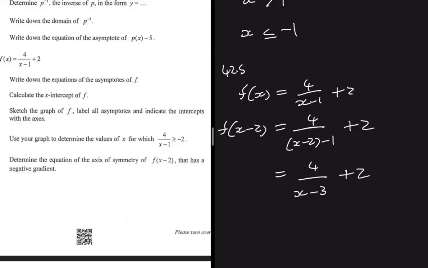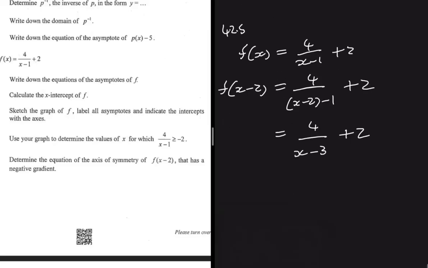So we need the equation of the axis of symmetry that has a negative gradient. So we have two axes of symmetry, one with a negative gradient and then one with a positive gradient. So the one with a negative gradient, y is equals to minus x plus c, negative gradient. And then the one with the positive gradient, we have y is equals to x plus c.